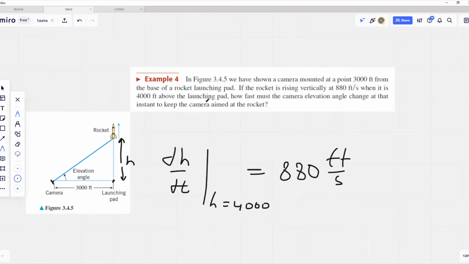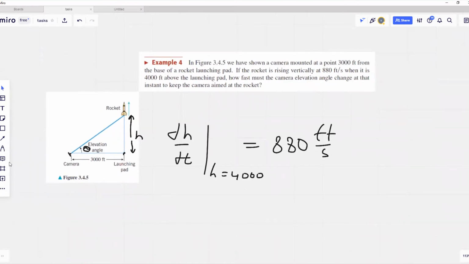Then we need to find how fast the camera elevation angle must change. So here is the elevation angle. Let's call it theta. We need to find how fast theta should change at that instant to keep the camera aimed at the rocket.